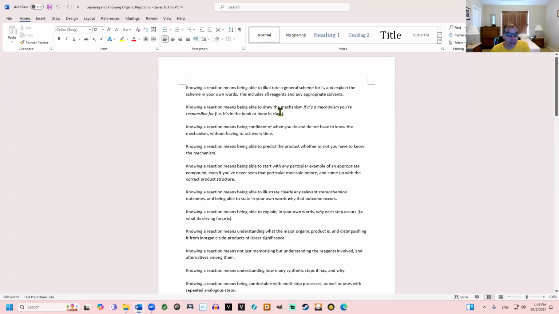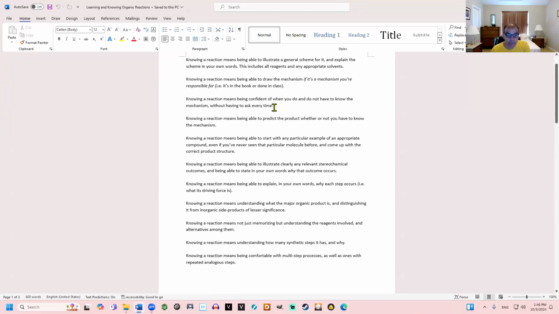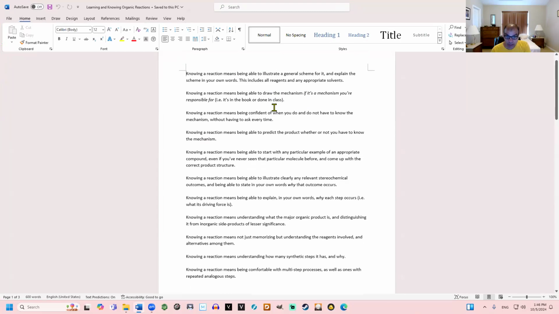It starts out with a list of what it means to know a reaction so that you know what to aim for. You all know that you have to know reactions for the exams. But if you don't know what it means to know a reaction, you don't know what to aim for. I don't promise it's exhaustive, but it probably gets almost everything.